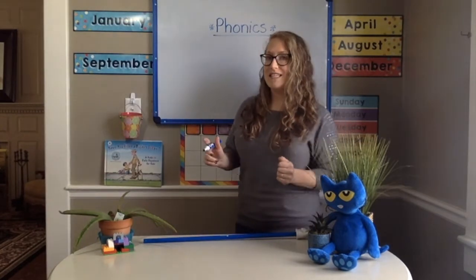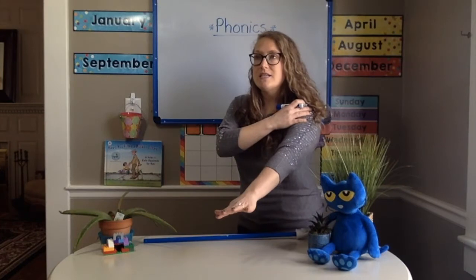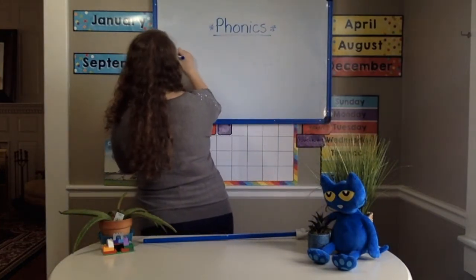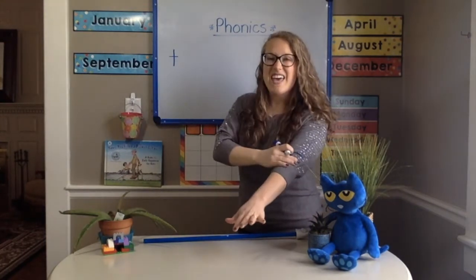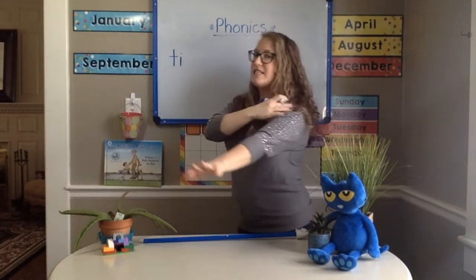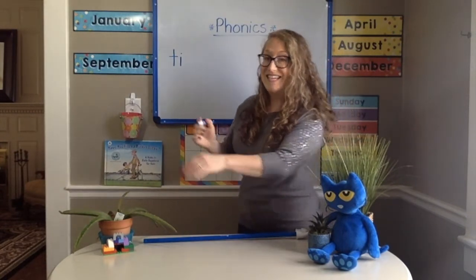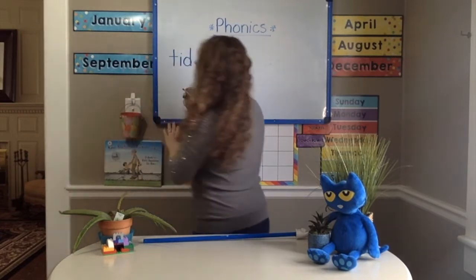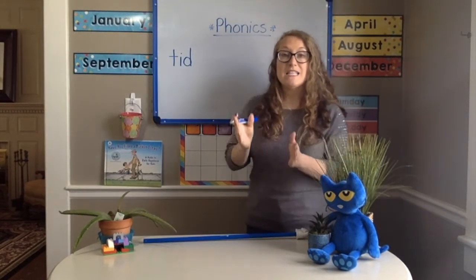But that's okay because it's part of this big 2-syllable word. Tid. Let's sound that one out together. T. That's a T. T, I. That's an I. Id, that's a D. Okay, so we have our first part, tid.